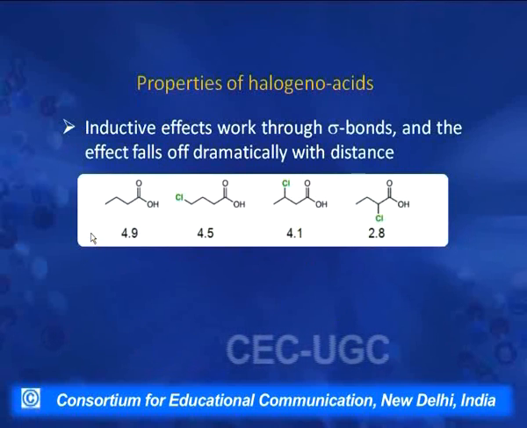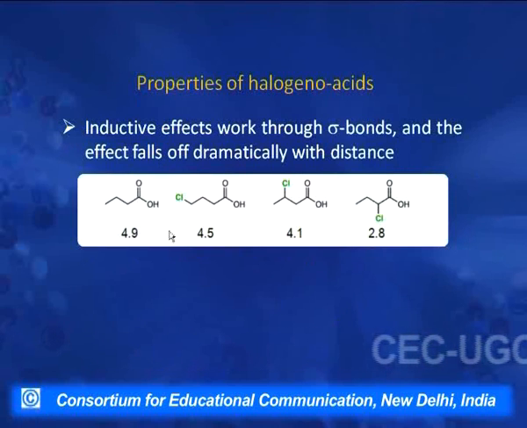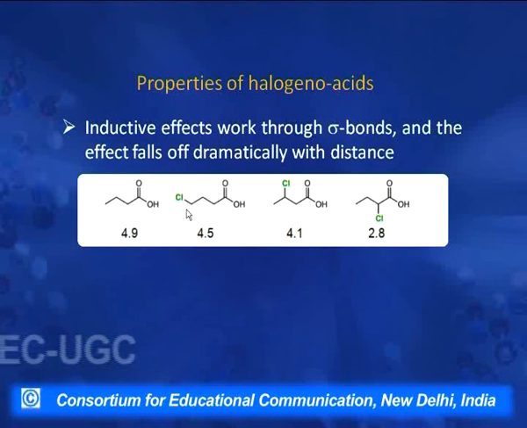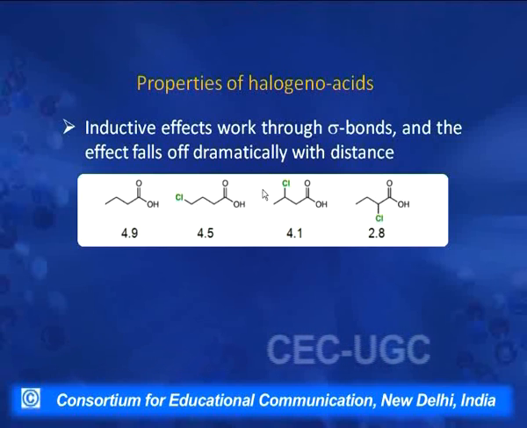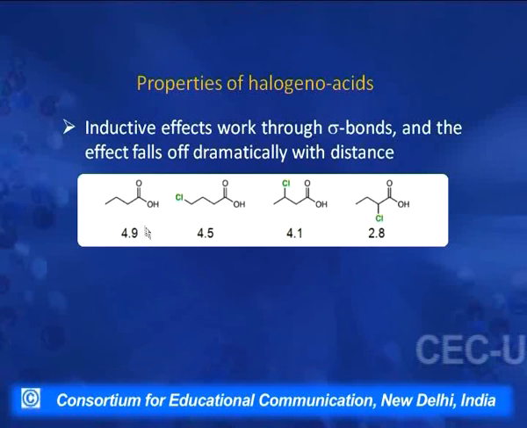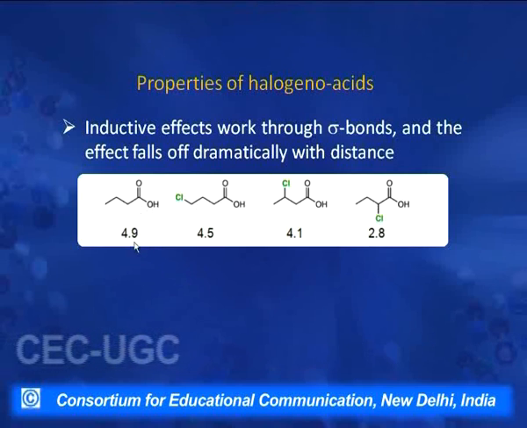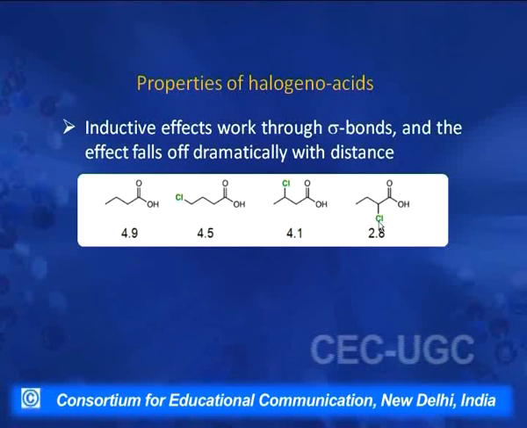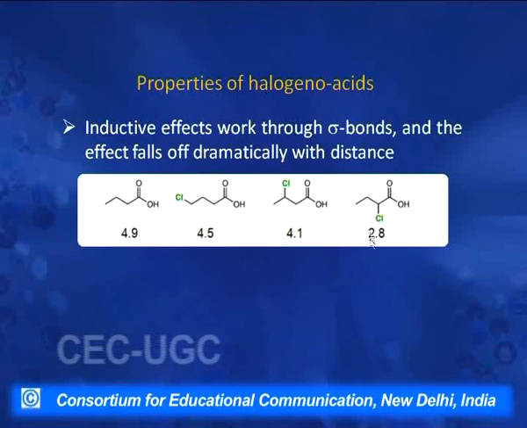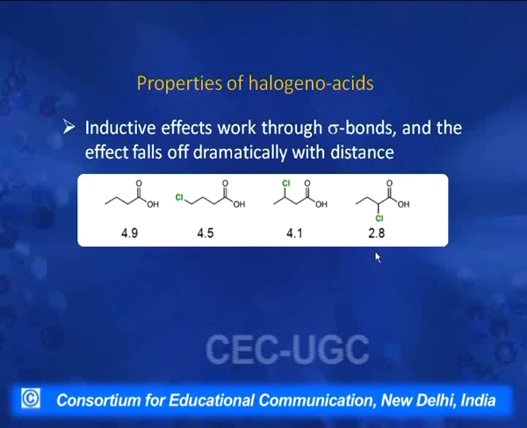Then inductive effect also plays a role because it is acting through the sigma bonds, and as the distance of the electron withdrawing group increases, acidity decreases. This is a 4 carbon acid, butanoic acid, with a pKa value of 4.9. When it is alpha chlorobutyric acid or 2 chlorobutanoic acid, that is chlorine is present at the alpha carbon, the pK is 2.8.